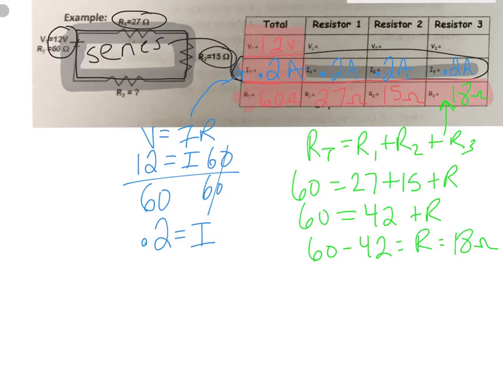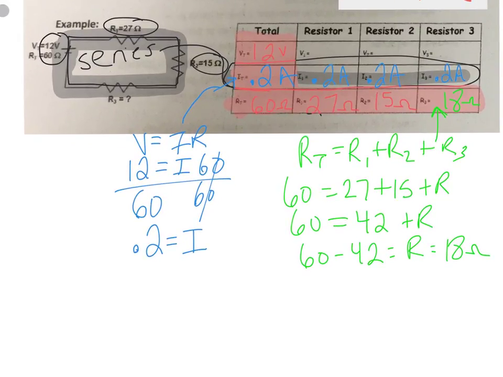To finish solving, the next thing I can see is that I have current and resistance for each of these parts, and so I should be able to find my voltage. In order to do that, I am going to again apply Ohm's law.